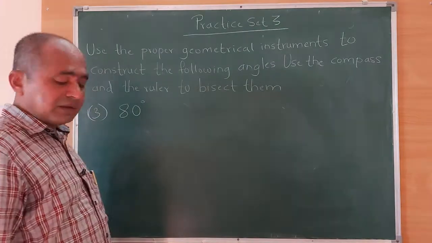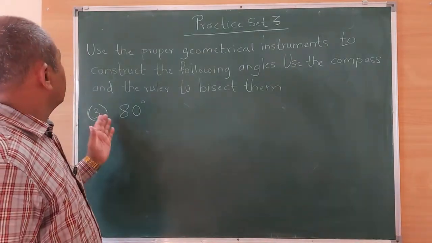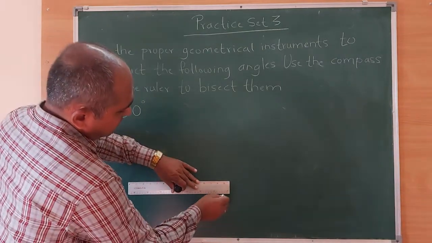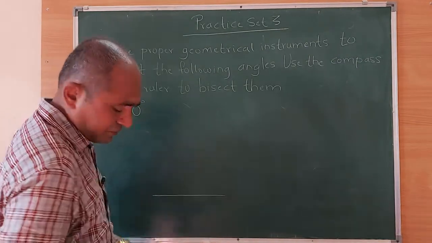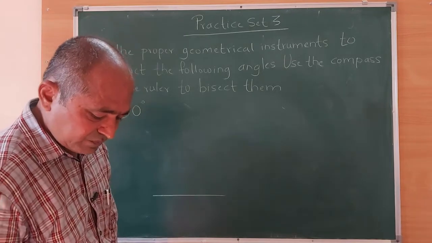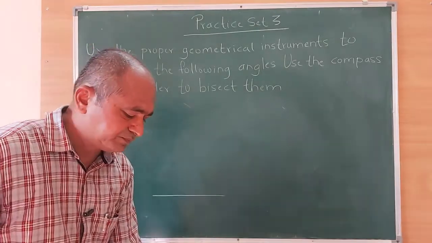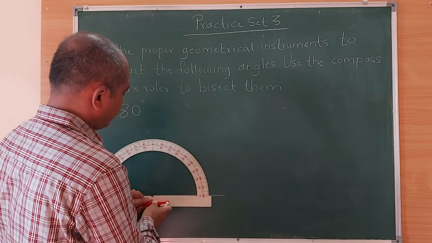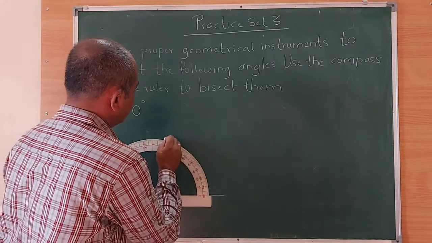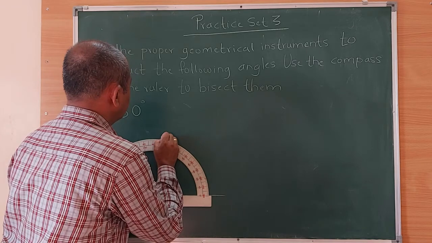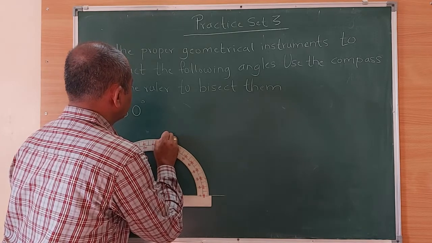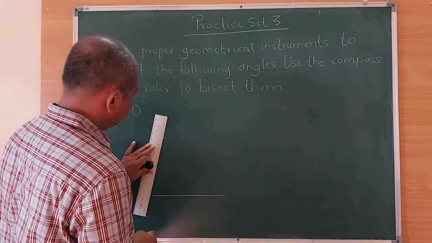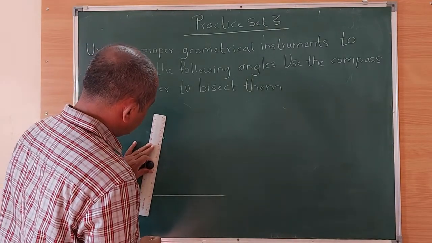Now the third angle, which measures 80 degrees. So here I will draw an arm, take a protractor and mark a point of 80 degrees, and using a ruler I will join these 2 points.